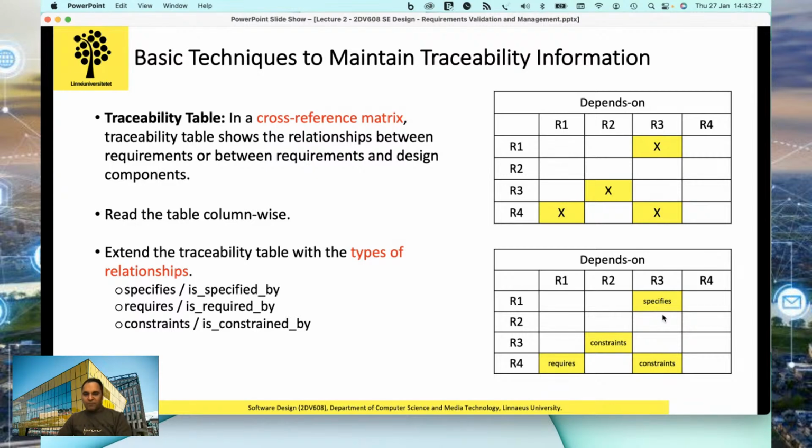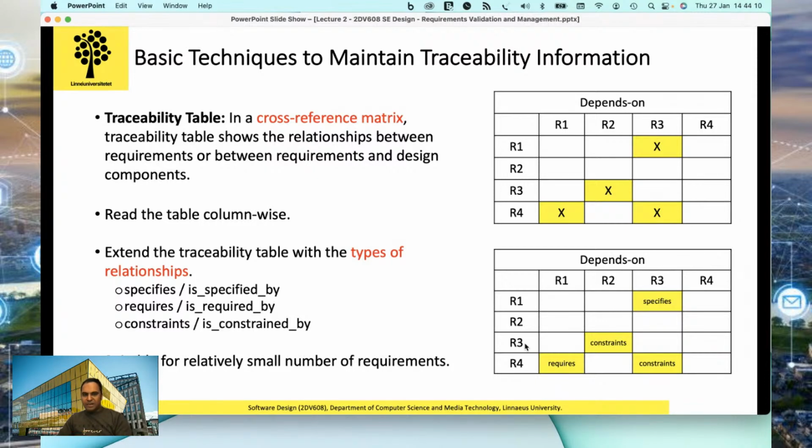But one of the problems for this kind of traceability information is that you can easily say that R1 is specified by R3, or R3 is constrained by R2, and you can find this information from left to right, but when you want to get the picture from the other side, it's not very easy. And to overcome this problem, there is another technique, I think in the next slide.